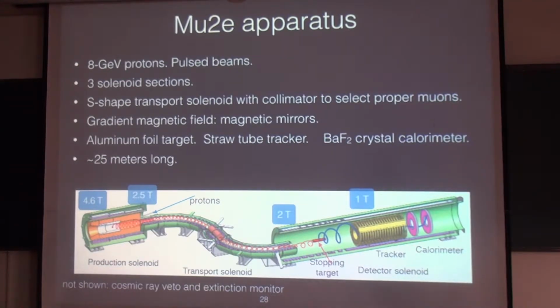The purpose of this is to increase the efficiency, so that more than 50% of the electrons can be swept in this direction. The main detector is a straw tube tracker to track the electron, and then we have the calorimeter at the end to measure the energy. The total length is about 25 meters.